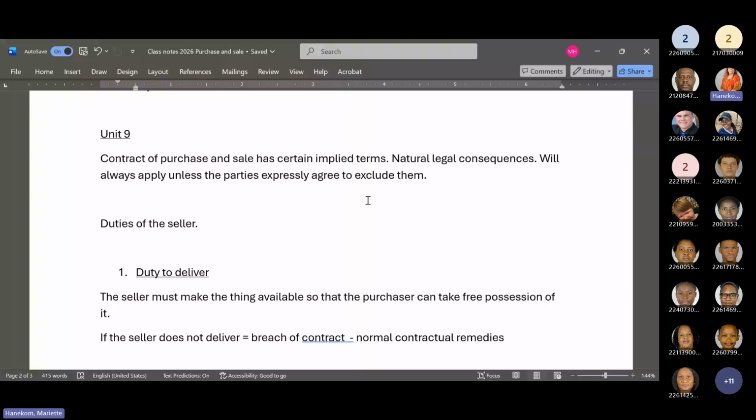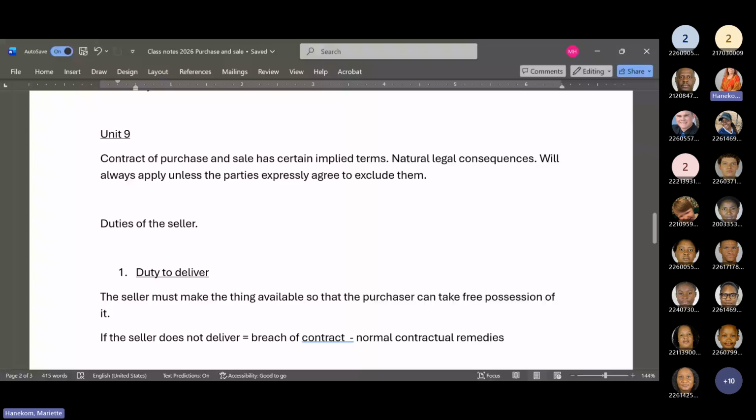You can use common sense. I'm pretty sure you all agree that although you can agree with the seller to exclude the guarantee against eviction, that would be a rather stupid thing to do.